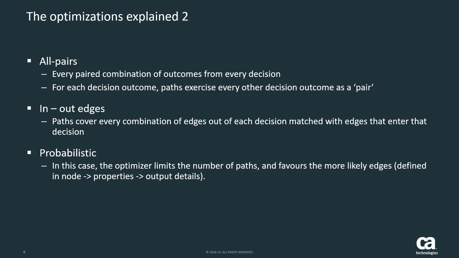In-out edges matches every incoming arrow to a decision, and every outgoing arrow from a decision matches those as pairs and then selects paths to cover each one of those combinations. Now, I haven't talked about the probabilistic selection. In this case, the optimizer limits the number of paths and it weights certain outcomes above others depending on the defined priorities and probabilities. Now, again, this is a more selective and probably more restrictive coverage measure, but we can talk about that later.